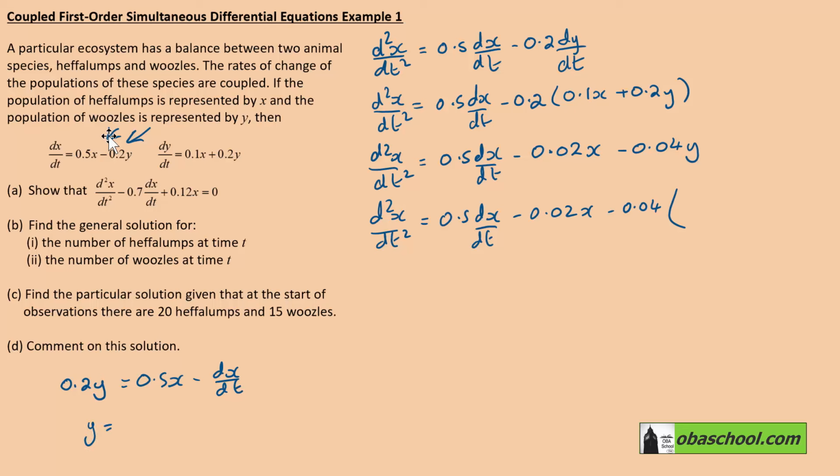And so y would be 0.5 divided by 0.2 x, take away 1 over 0.2 dx/dt. So I've got 0.5, let's get rid of the fraction, so it'll be 5 over 2 x, take away 1 divided by 0.2 is 5 dx/dt.